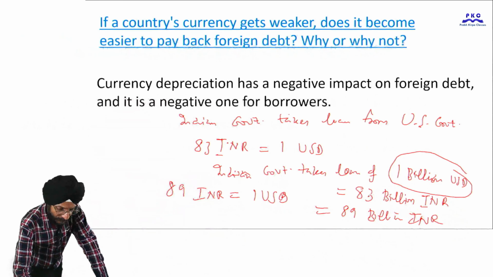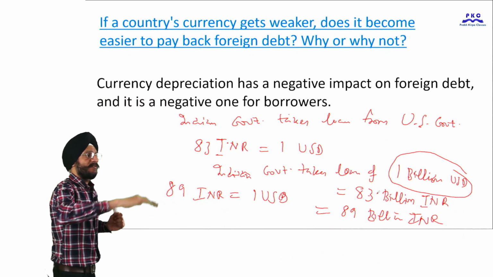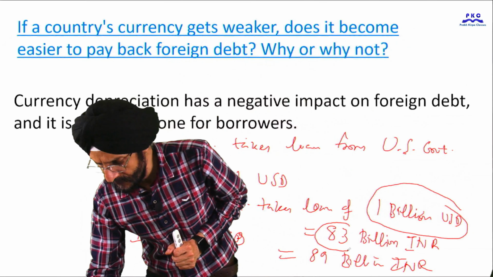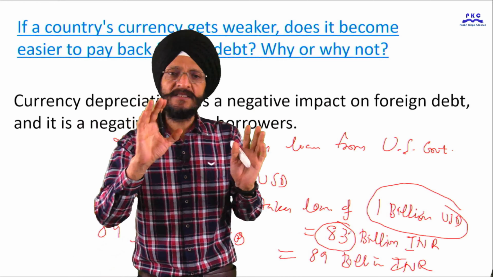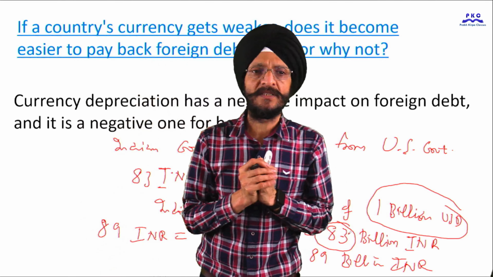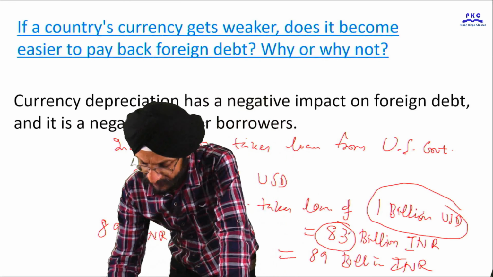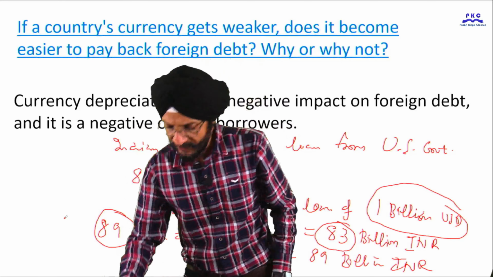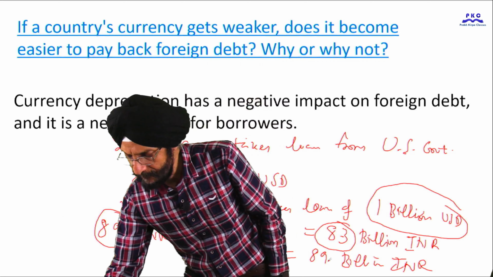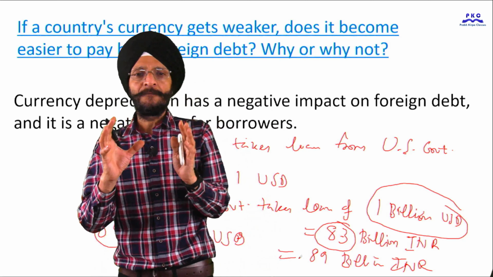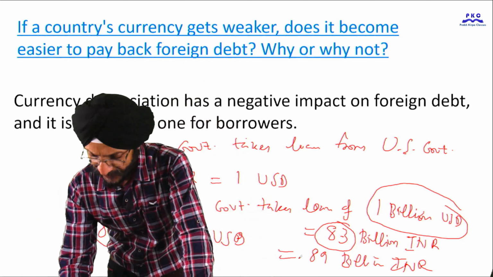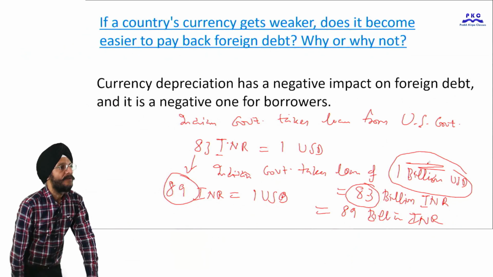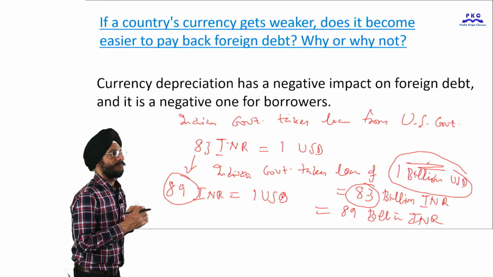Then if there is no fluctuation in currency, the principal amount of the loan remains 83 billion Indian rupees. But if the value of the Indian currency depreciates to 89, from 83 to 89, then the amount of the loan increases to 89 billion Indian rupees, because the loan amount is in foreign currency denomination.